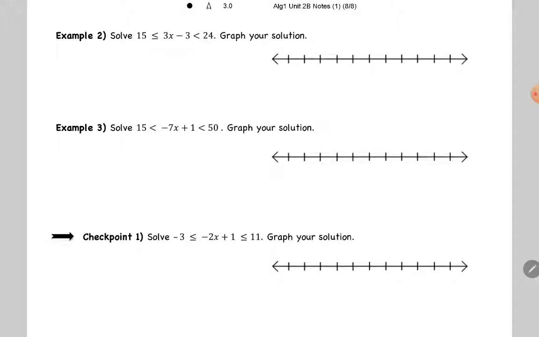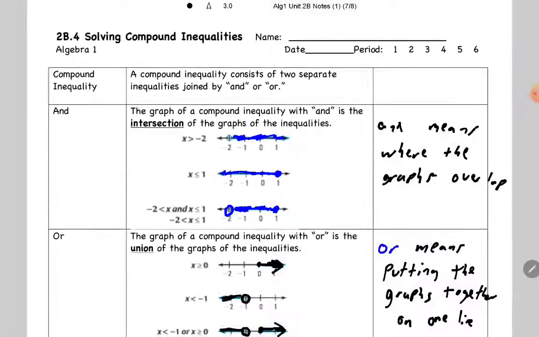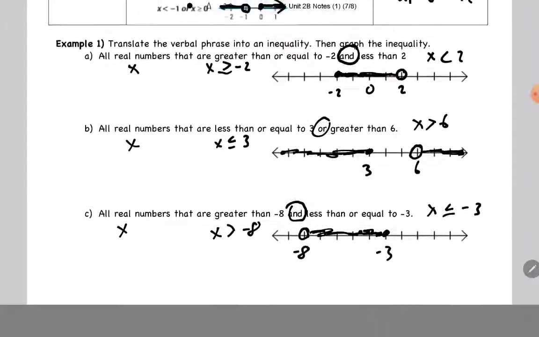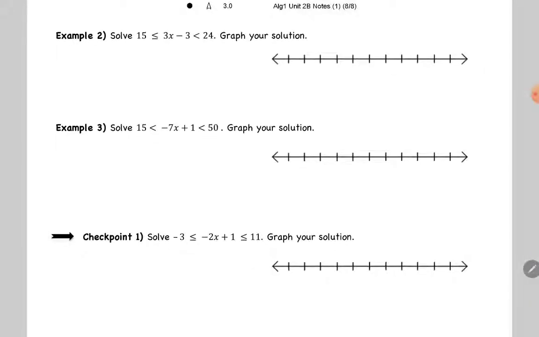Okay, now let's combine everything we know and something new at the same time. We're still trying to get x alone, but this time x needs to be alone in the center.